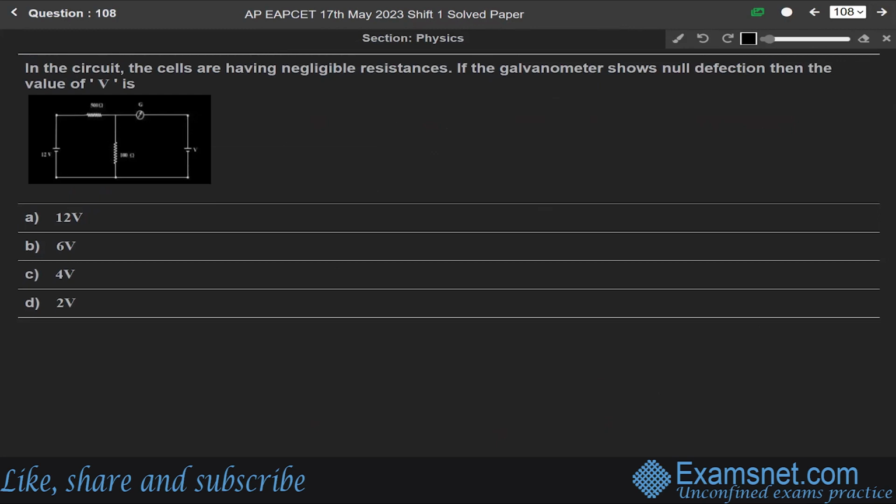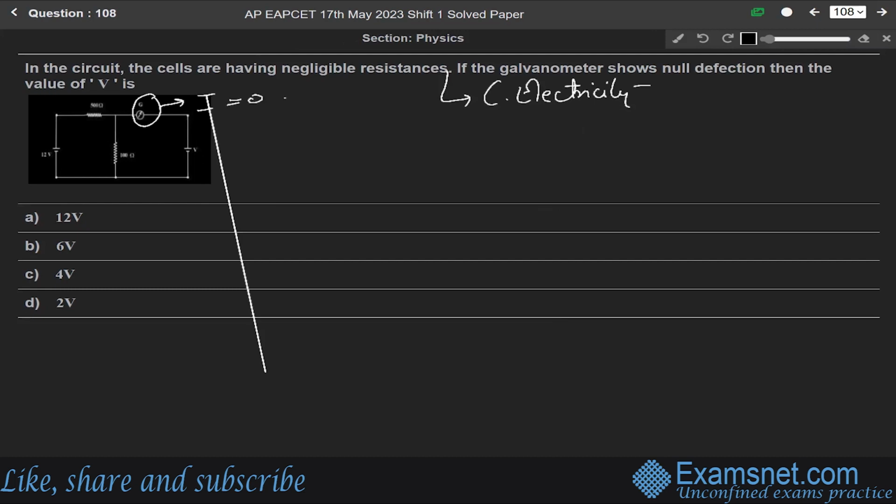Okay. So this question is again from the chapter of current electricity. Now, according to this question, if the galvanometer shows no deflection, it means here the value of current I will be 0.